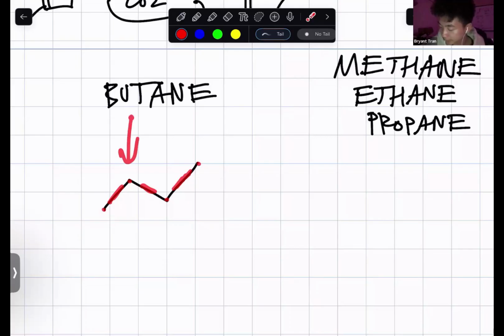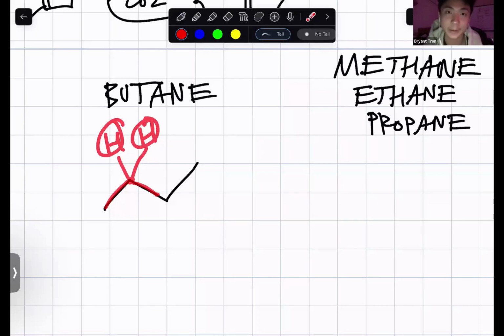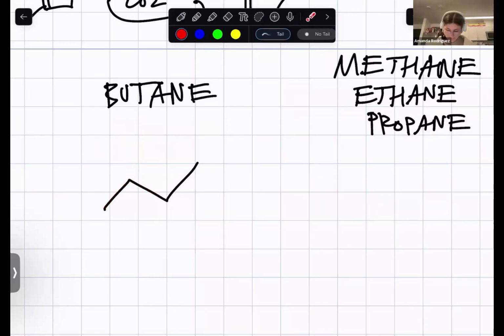If we look at this carbon right here, it is bonded to two other carbons, one here and another here. But to be neutral, it has to have two more bonds, and those are invisible bonds to hydrogen. The bonds to hydrogen are implied in bond line structure.